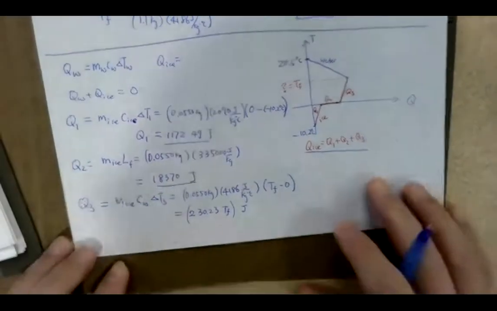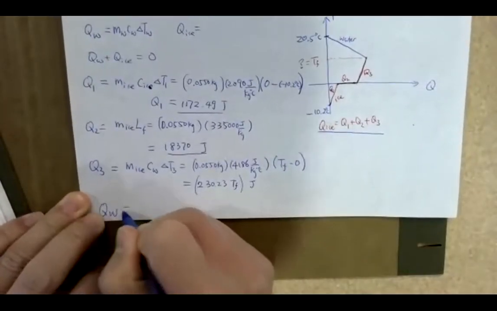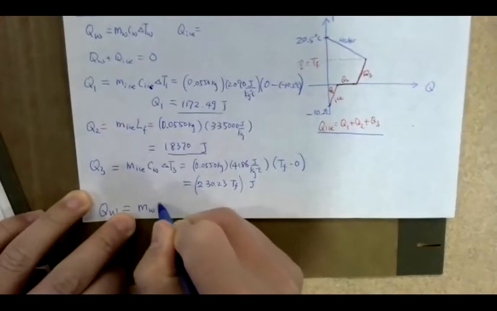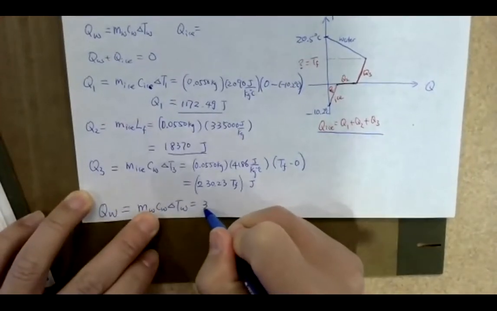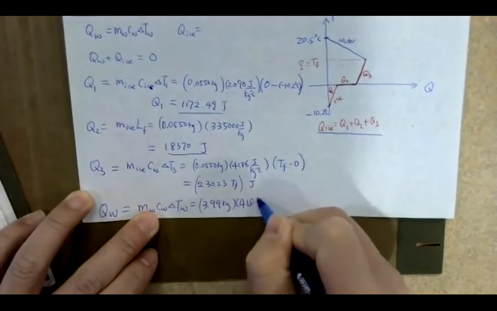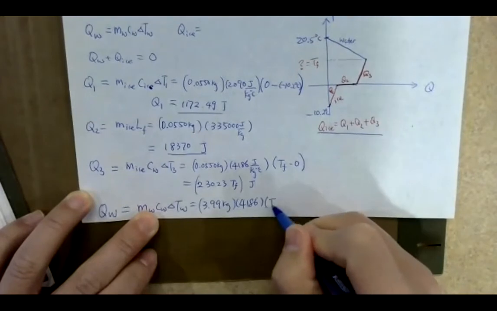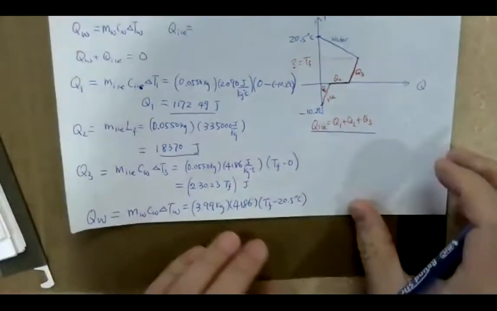Now for QW, maybe I can write QW here. QW is equal to mass of water, C of water, delta T of water. Okay, so 3.99 times 4186 times T final minus 20.5 degrees Celsius.